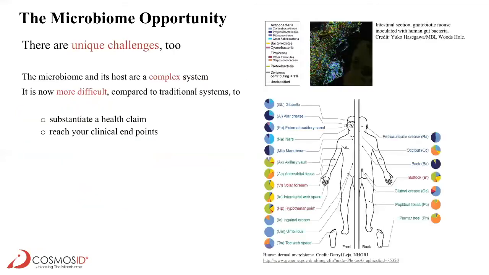However, with this huge opportunity comes a lot of unique challenges as well, because the microbiome itself and its host and the environment surrounding it is very, very complex. Therefore, you really need a highly accurate profiling algorithm, as well as best practices for sequencing production, if you want to substantiate a health claim or reach your clinical endpoints.